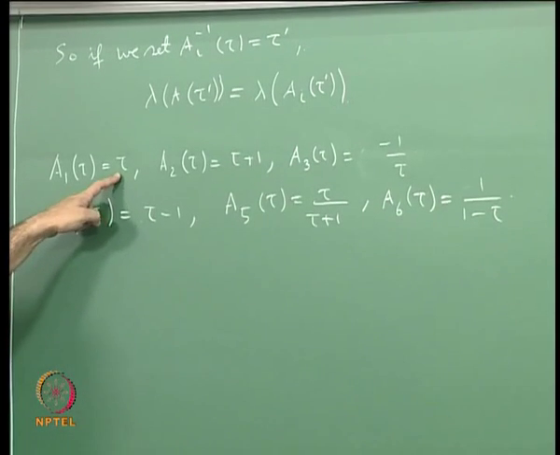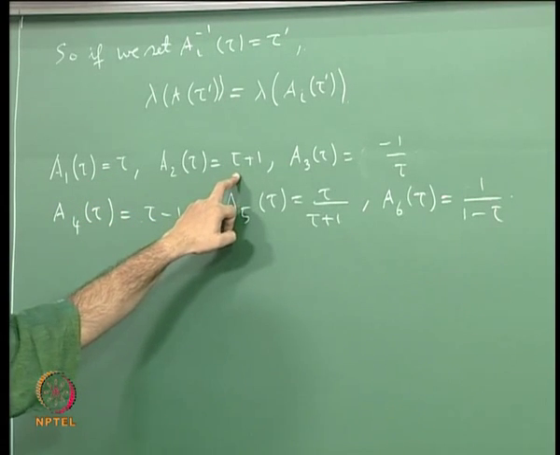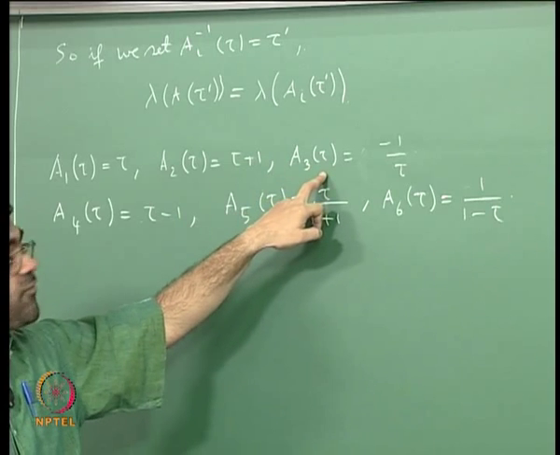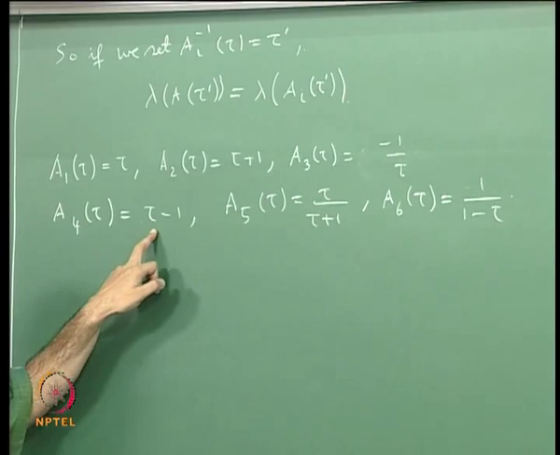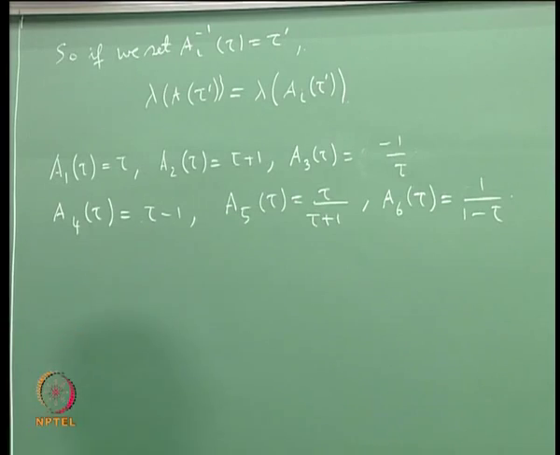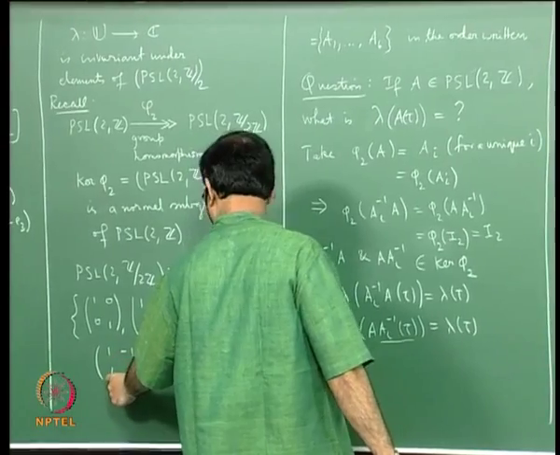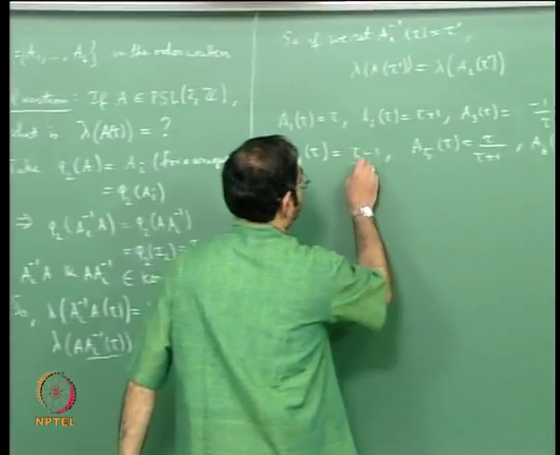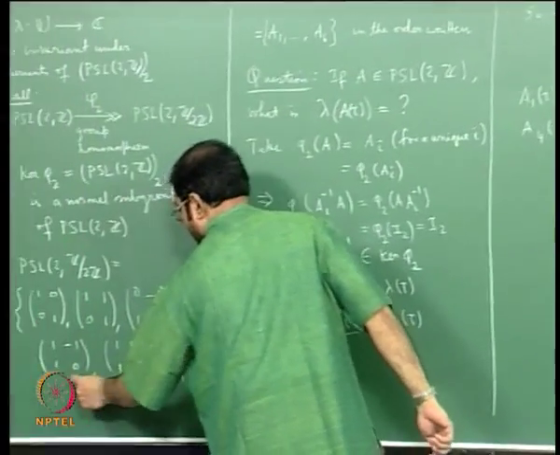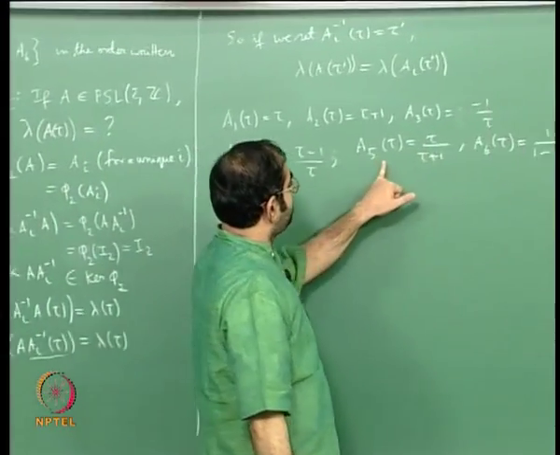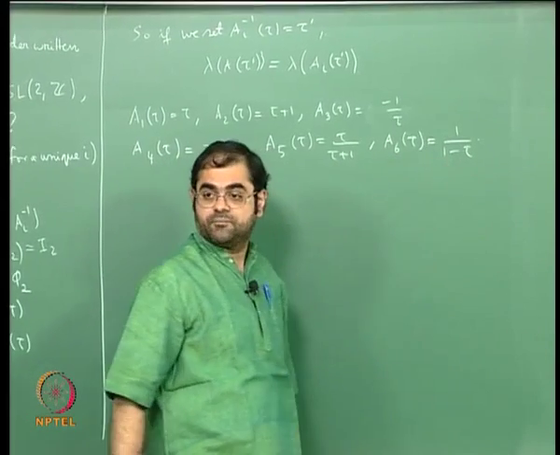A1 tau is the identity, A2 tau is translation by 1, A3 tau is minus 1 by tau, A4 tau is translation by minus 1, so A4 tau is tau minus 1, A5 tau is tau by tau plus 1, and A6 tau is 1 by 1 minus tau.